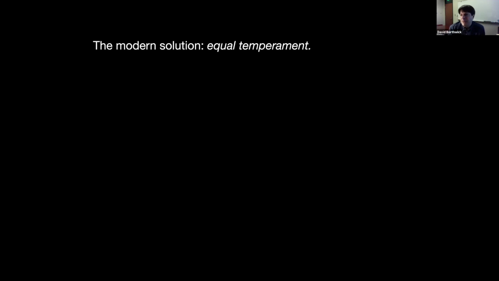So the modern solution, though, is something called equal temperament. Starting from the classical era onward, we started to need to modulate between keys and change keys frequently within the same piece. So we want to move around among the keys frequently, and it's a problem if we have, for example, a keyboard that sounds out of tune in some keys and in tune in others.